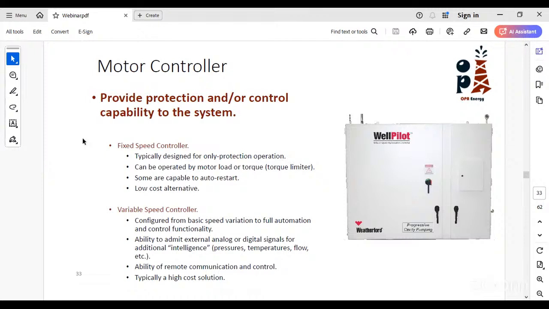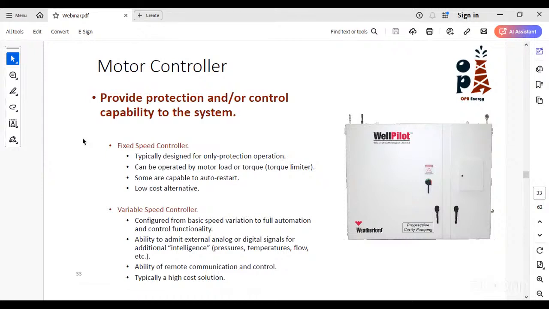Of course, we know that the switchboard is limited in its features to an on and off start panel and some minor automation, like the auto restart option. But if you are using a variable speed drive or variable frequency drive, you can deploy it on your system, taking a lot of advantage.